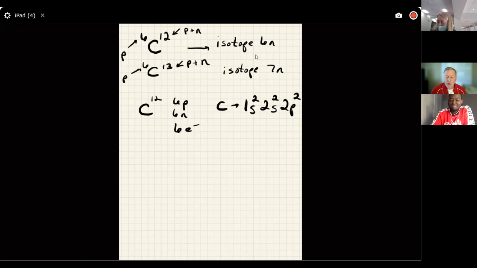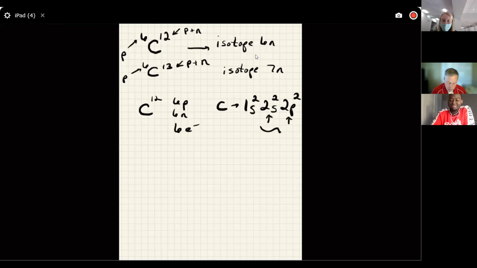Now, another thing that I hope you remember, and if you didn't, this is going to be important, is that in organic chemistry, the valence electrons are the most important. So how do we define the valence shell of any atom? It's the uppermost s orbital and any partially filled orbitals above it. So let's look at that carbon right there. The uppermost s orbital and any partially filled orbitals above it.